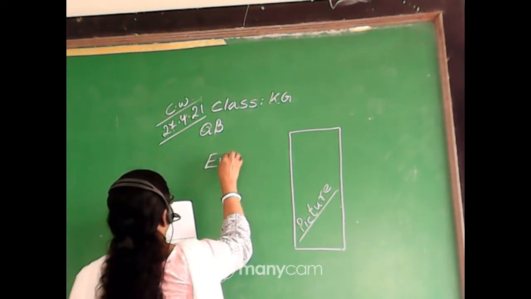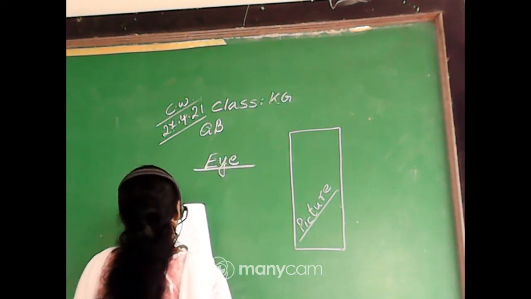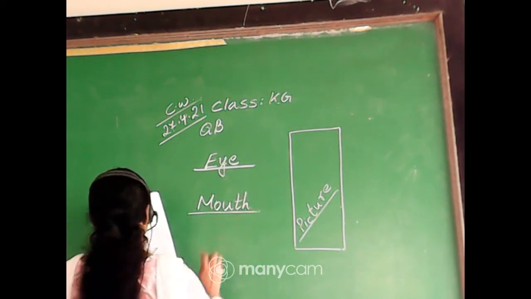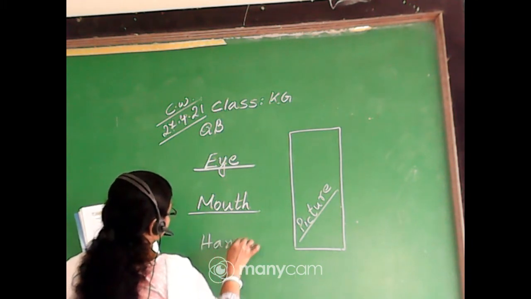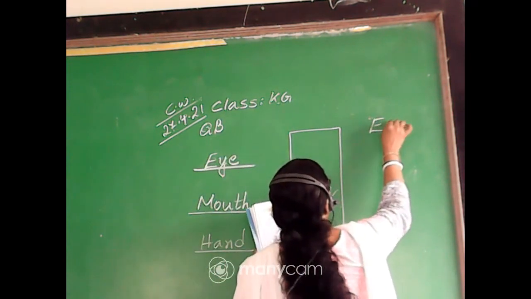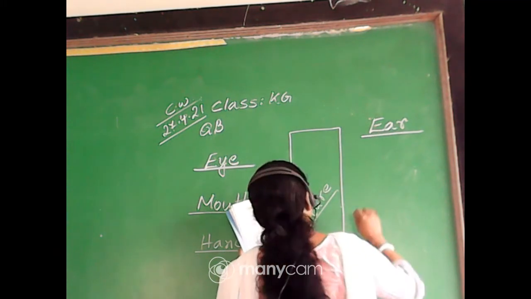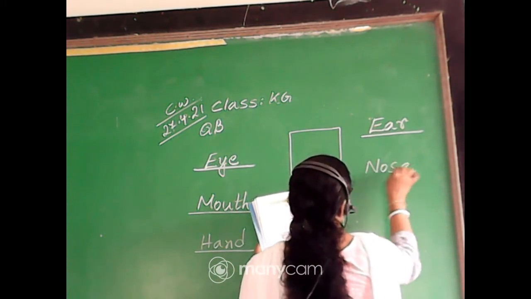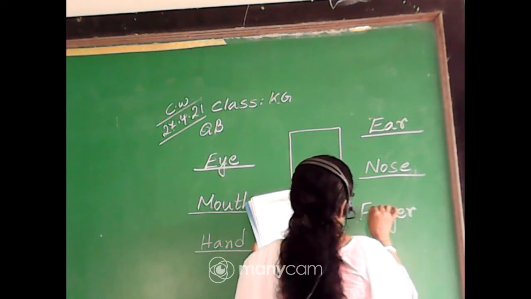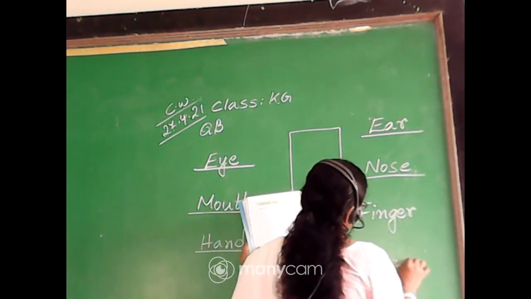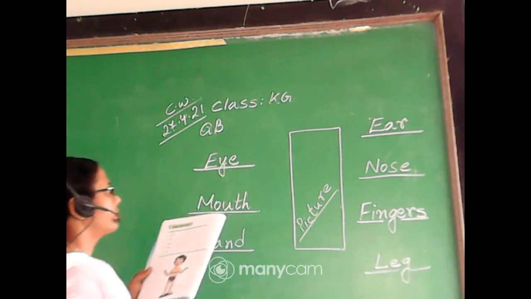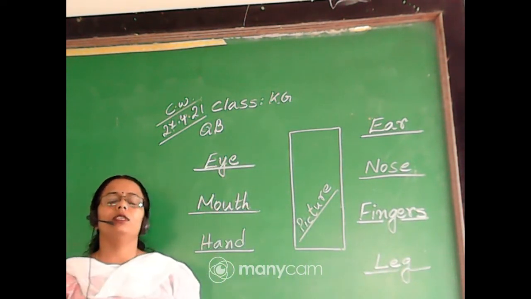Like first one is eye, second one is mouth, third one is hand, ear, nose, finger, leg, so these are the different parts.